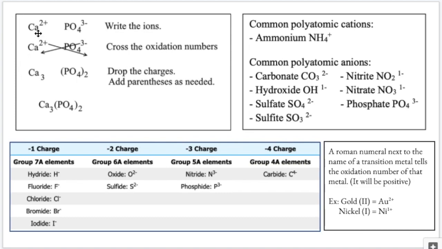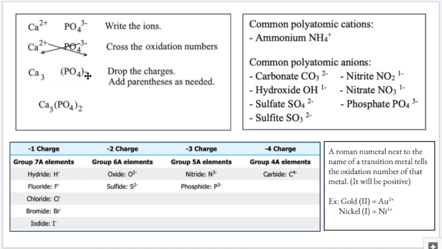Here we have our positive ion listed first, and then the negative ion listed second. We first write out the ions with their charges, then we crisscross the ions, drop the charges, and with this, an extra step is we're going to add parentheses if needed.